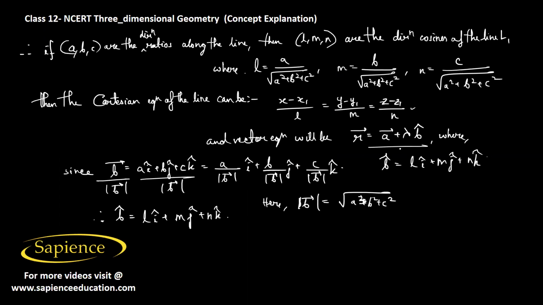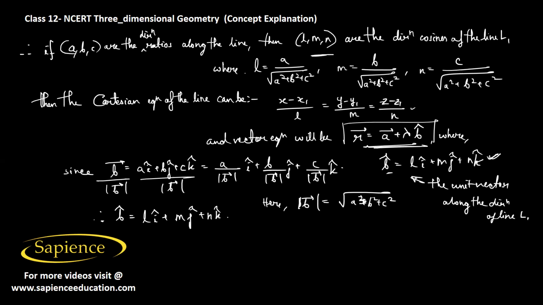So we can also write the vector equation of the line in this form if we know the direction cosines of the line. If the direction cosines along the line are l, m, and n, then the unit vector along the direction of the line L1 will be b cap. So in this vector form you can write it, or we can write it in the Cartesian form like this also.